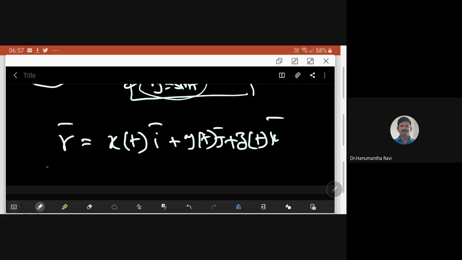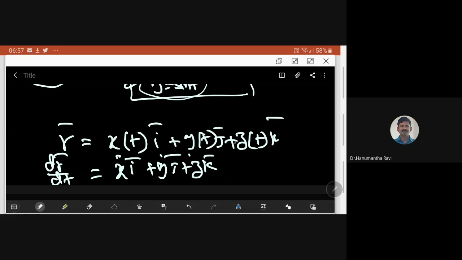So if we look at dr bar by dt, you can say x dot, meaning dx by dt, i bar plus y dot j bar plus z dot k bar.